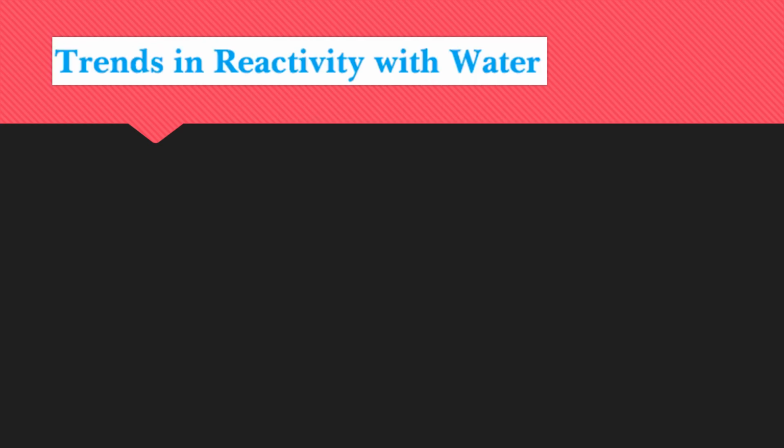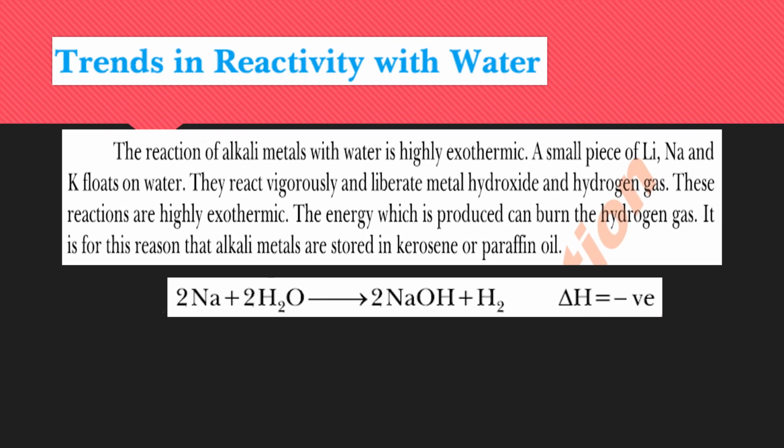Now in the last, about the reactivity with water: the reaction of the alkali metals with water is highly exothermic. A large amount of energy is released when these metals react with water. A piece of lithium, sodium and potassium floats over the water because they are lighter than water, as I have already told you. They react vigorously and liberate metal hydroxides.